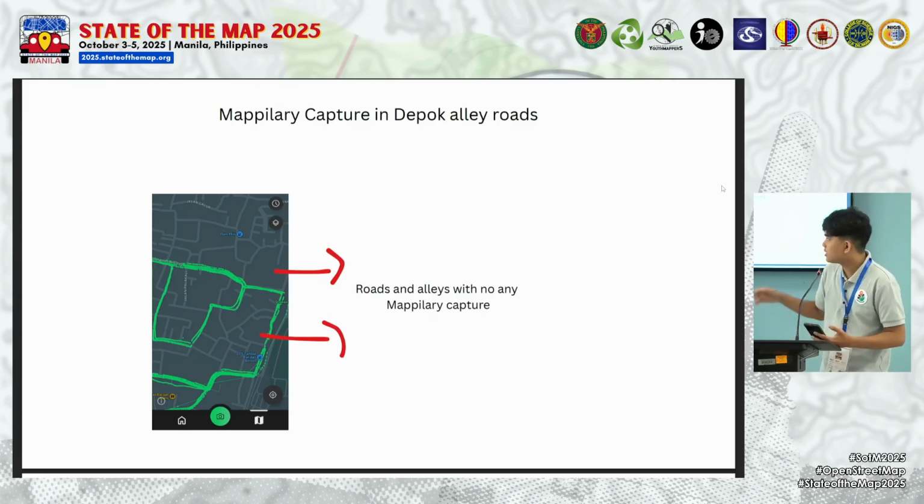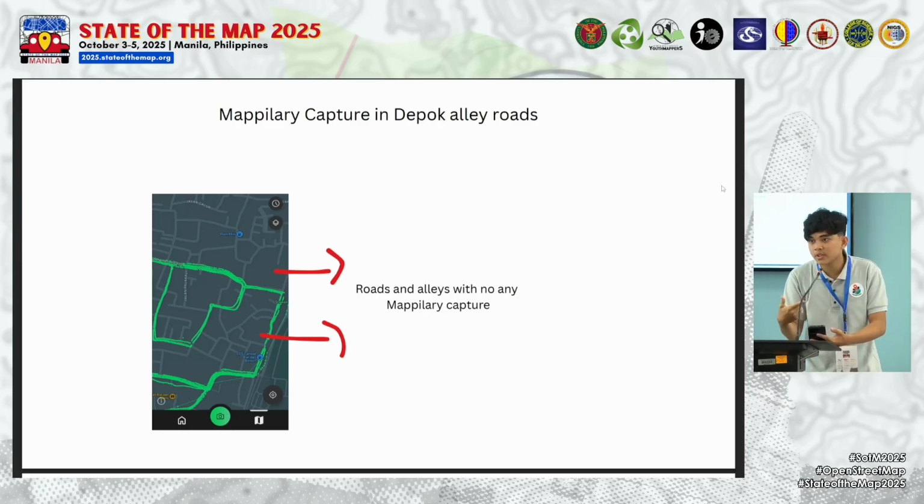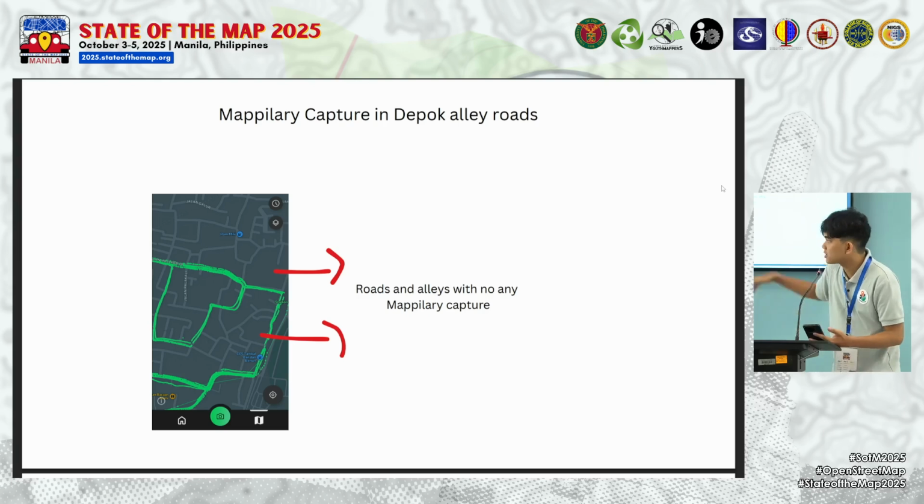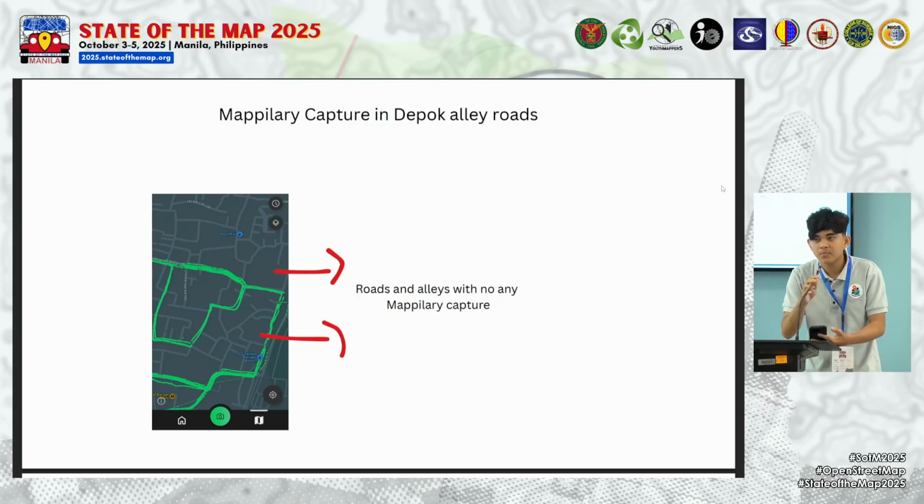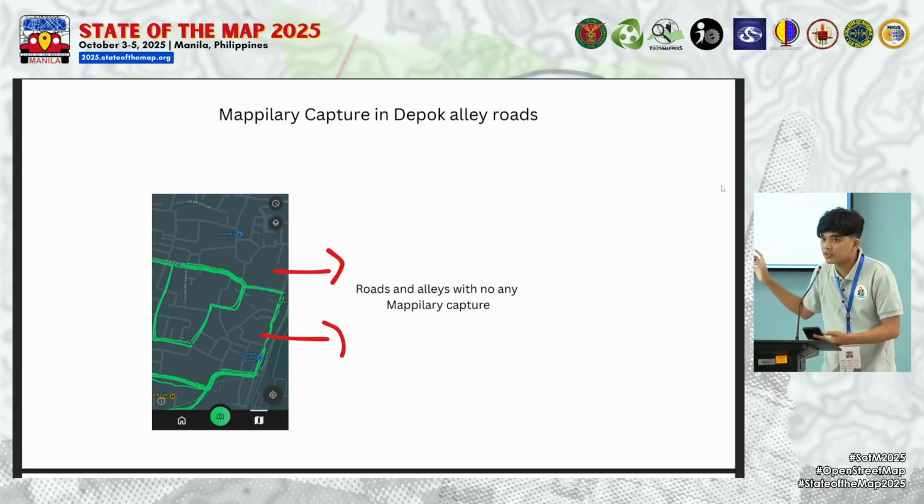Why does this need to be highlighted? Because these roads are super busy. These roads are super crowded, and overall, this residential area is the hometown of the students of Universitas Indonesia, the big university, and they have their own geography department.